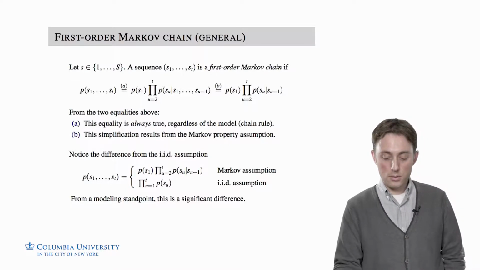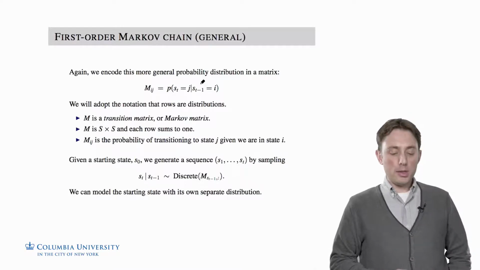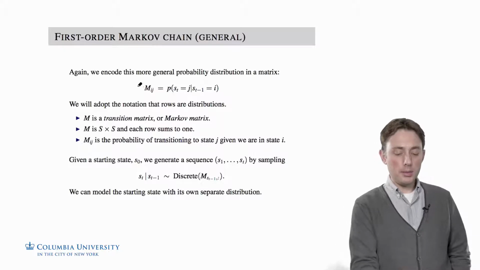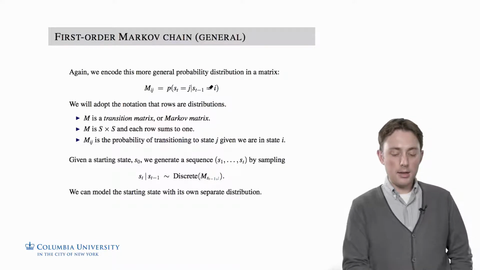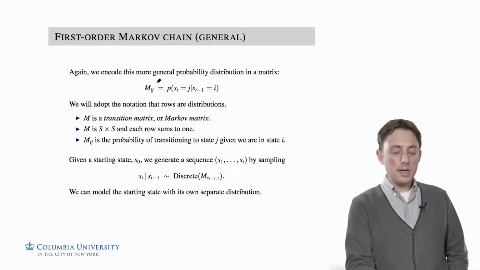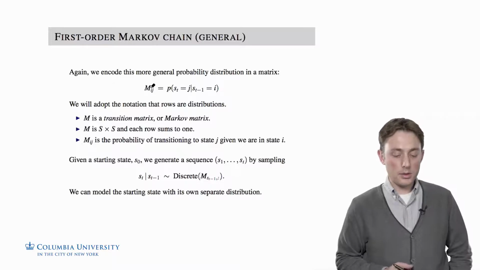So now to see how these conditional probabilities map to the Markov transition matrix, we can simply write it this way: the probability of transitioning from state i at time t minus 1 to state j at time t is equal to the ijth element in this transition matrix.